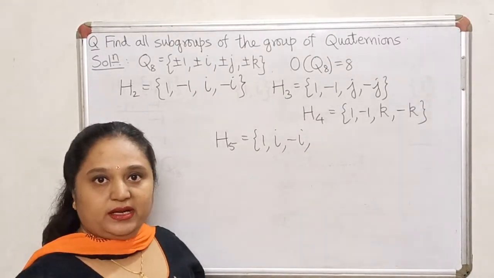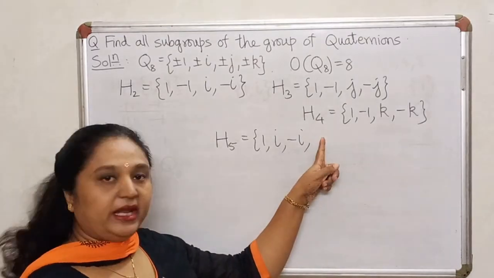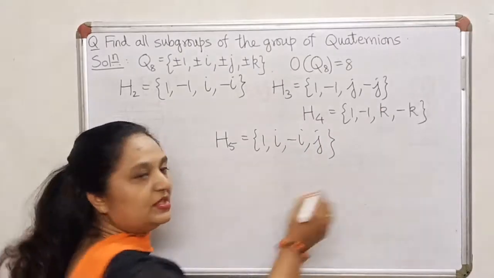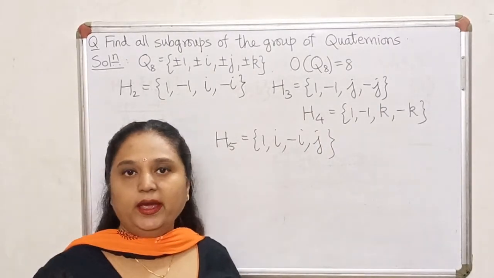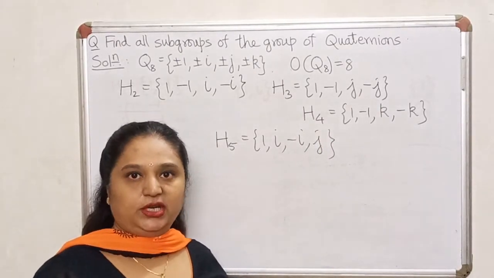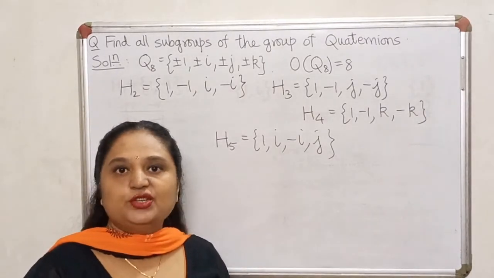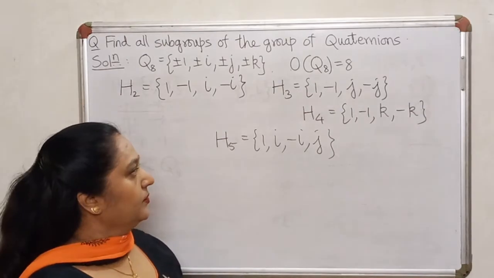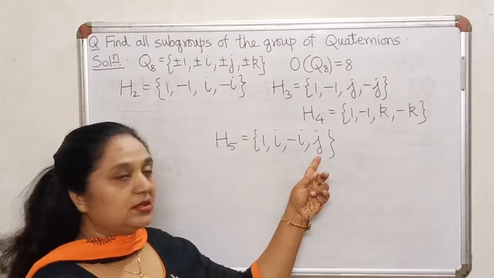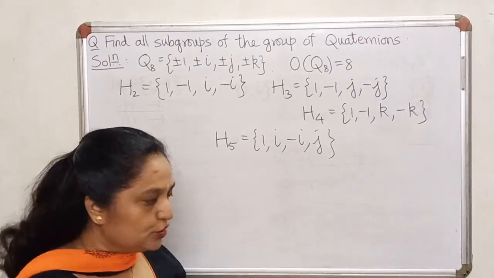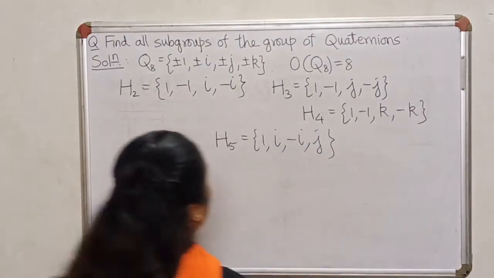But now again we are in trouble, because if I take my next element as j and finish it off, this is not a good choice. Can you guess why? Even before you have made the composition table, pause the video and think why this is not a good choice, why it is not worth trying. If you look at this, the inverse of j is -j, which is missing from the set. So this is not going to be a good subset.